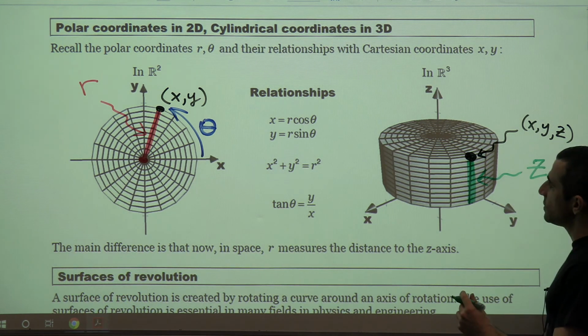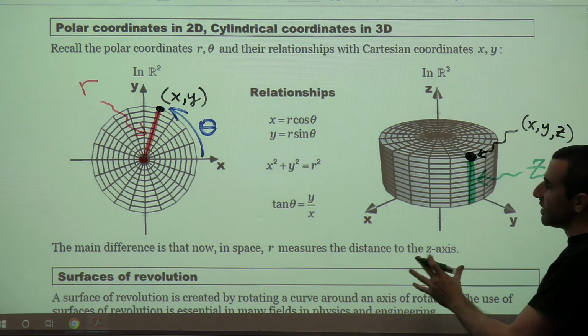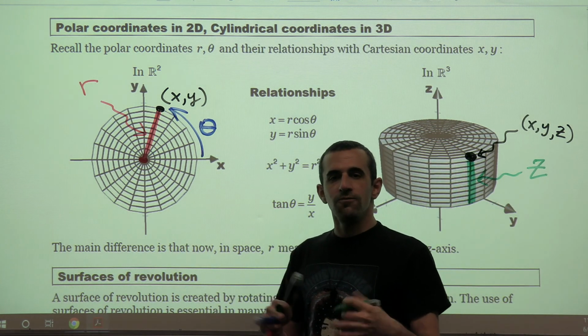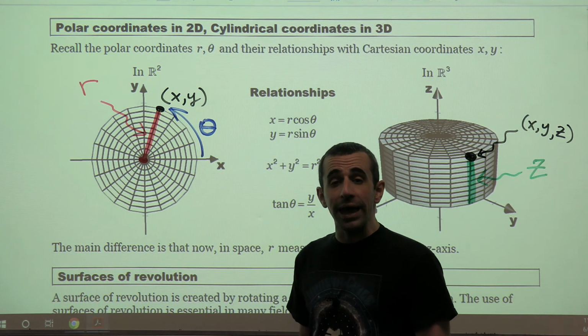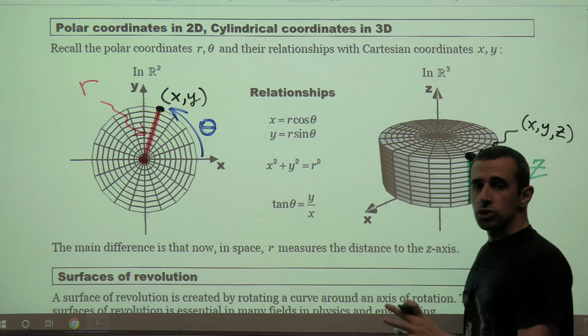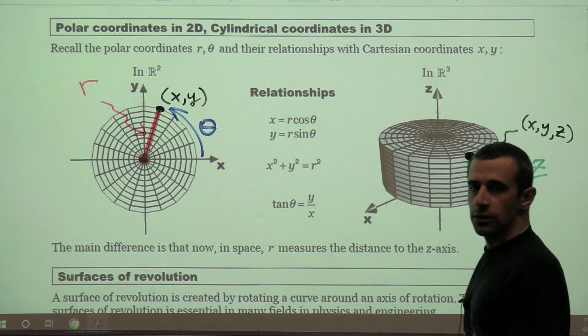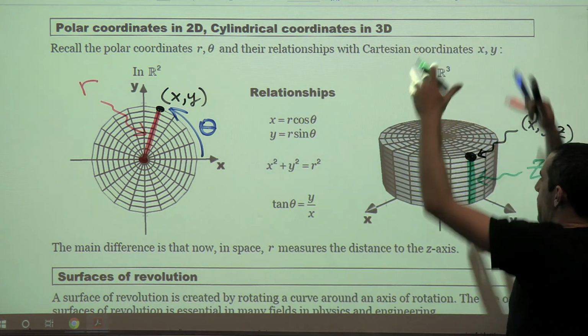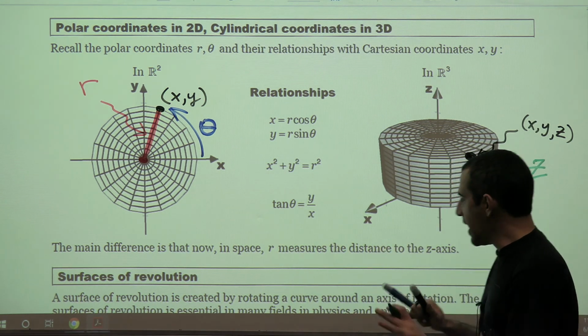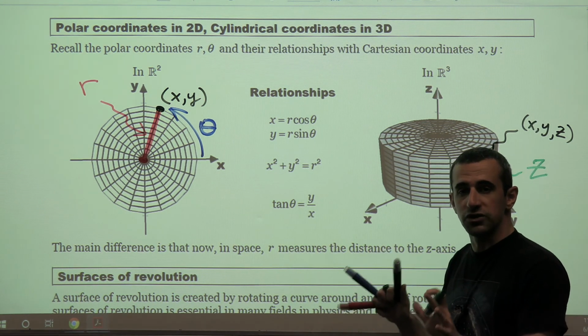So now the question is, what do r and theta look like in this picture? And again, you should think of r and theta as variables that replace the x and the y. So to understand what r and theta look like in this picture, just look at the picture from above. When you look at this picture directly from above, what you see is the x y plane, and the x and y are the variables that are getting replaced by the variables r and theta.